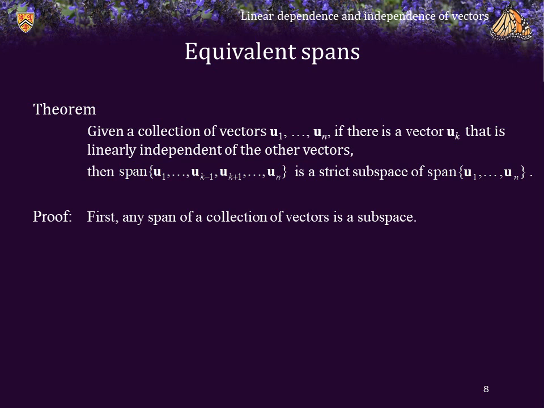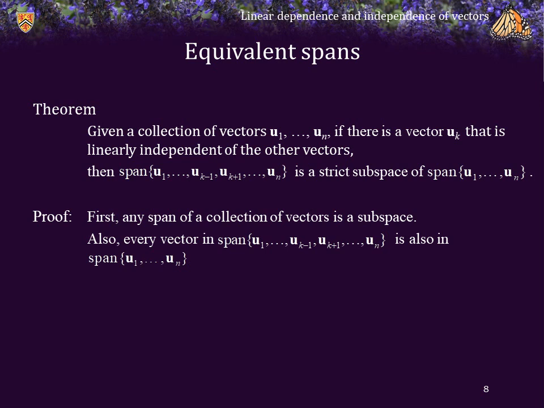Proof. First of all, the span of any collection of vectors is a subspace. So the span of the larger and smaller sets of vectors, they are both subspaces. Also, every vector in the span of the smaller set not including u sub k must be in the span including u sub k. Why is that?